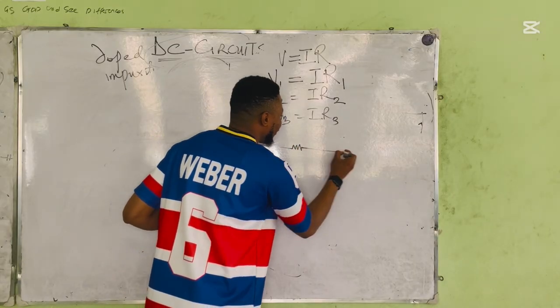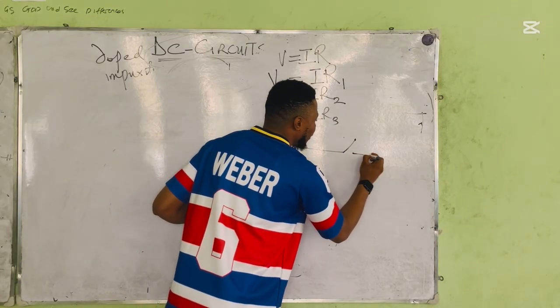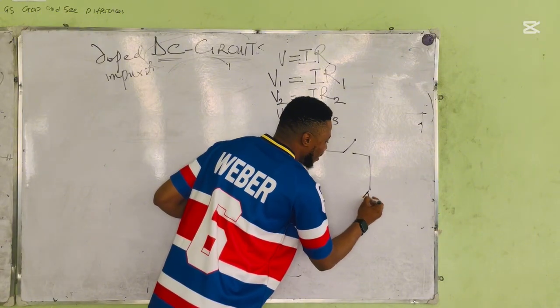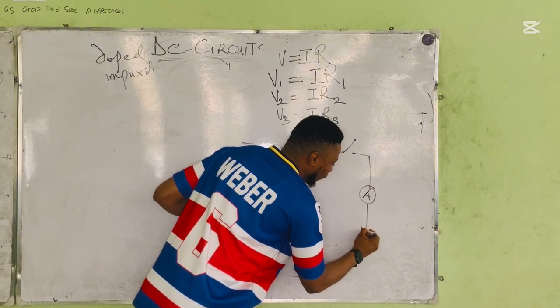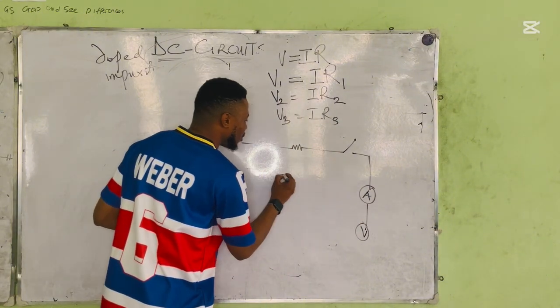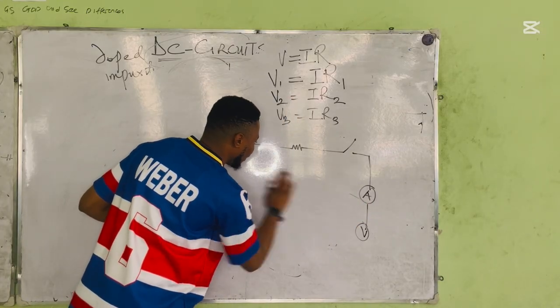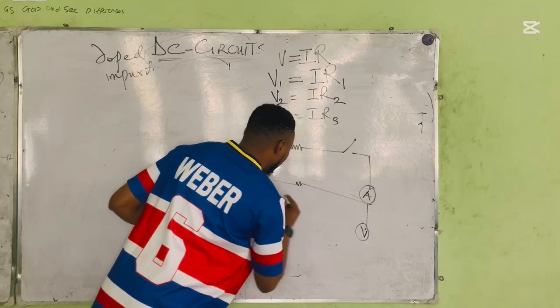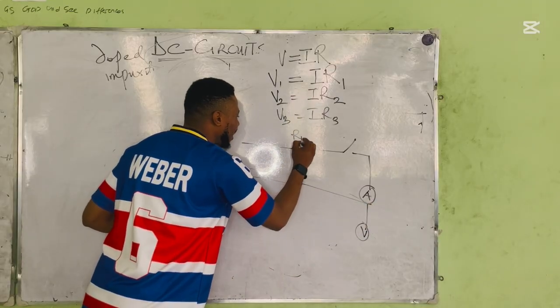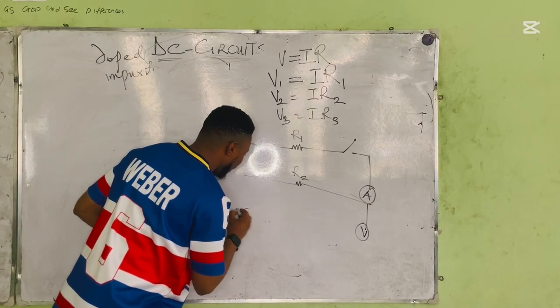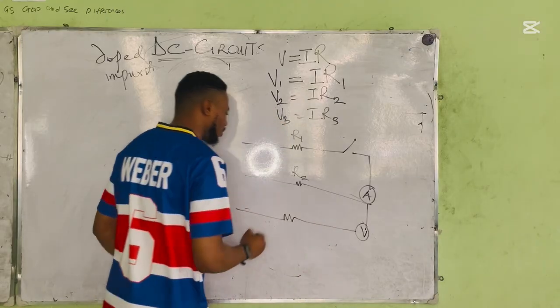Alright, so you have the switch here. Alright, then coming down, maybe you have an ammeter here and a voltmeter at this point. Then here you have another wire that connects to this point. Okay, you have another wire that connects to this point with another, let's call this R1, let's call this R2. Then here as well, you have another wire that connects to this point.